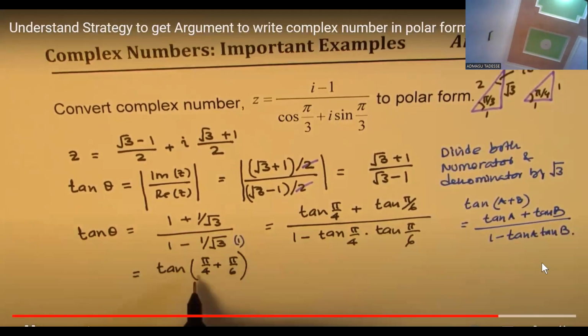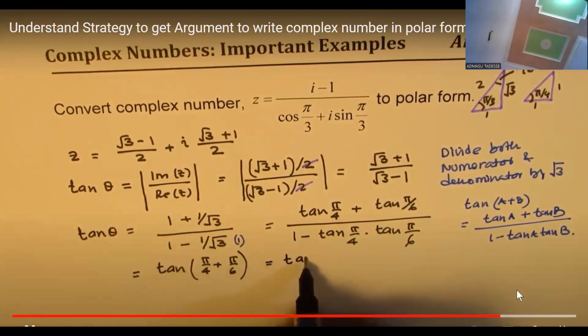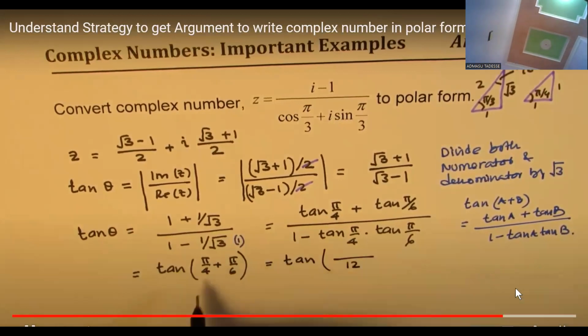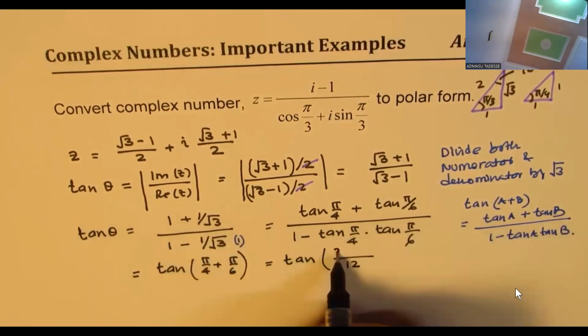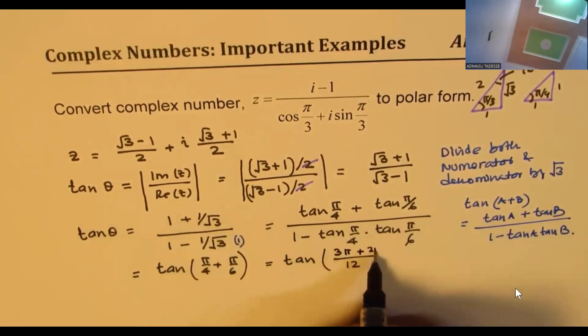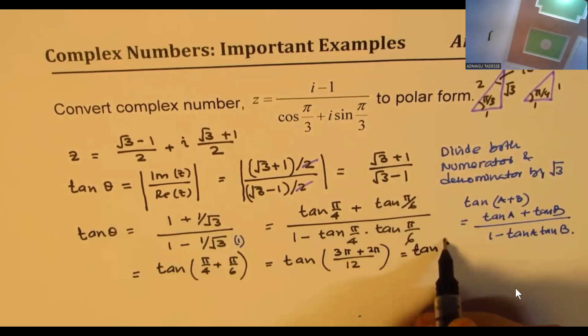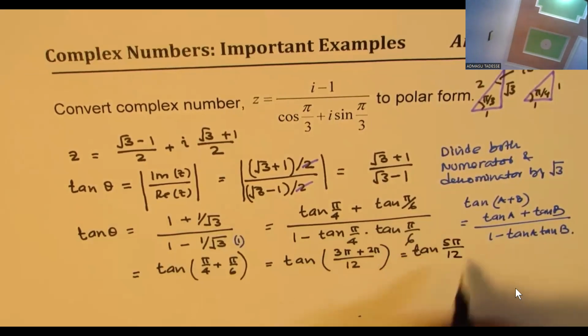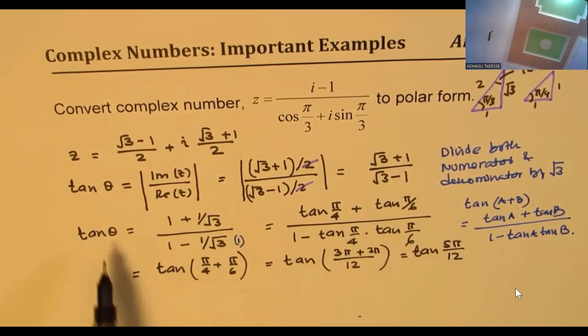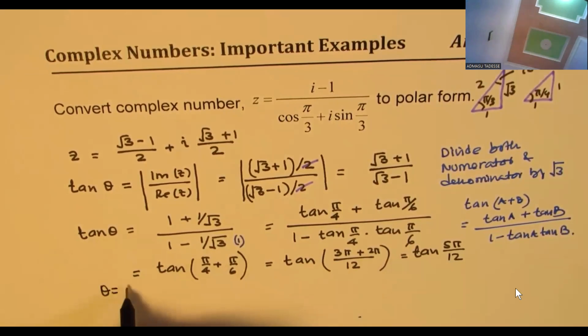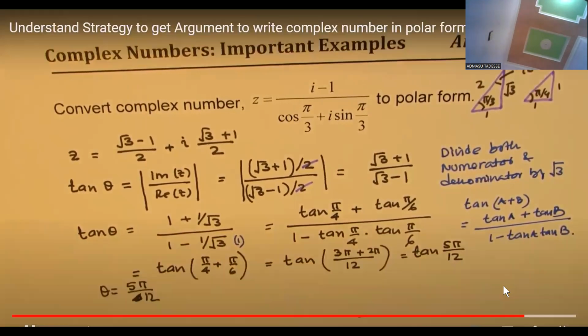Now taking common denominators, 12 is my denominator. I'll multiply pi by 4 by 3 and pi by 6 by 2. So this becomes tan of 5 pi by 12. Comparing, we get theta equals 5 pi by 12. So we got the argument theta also.